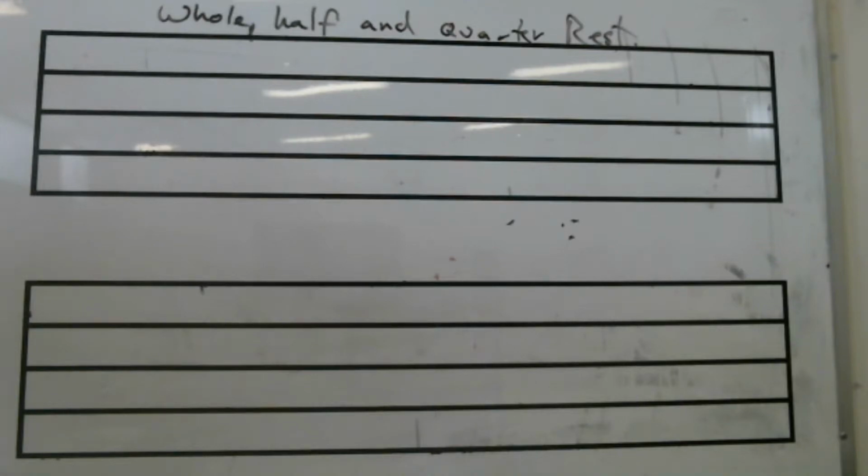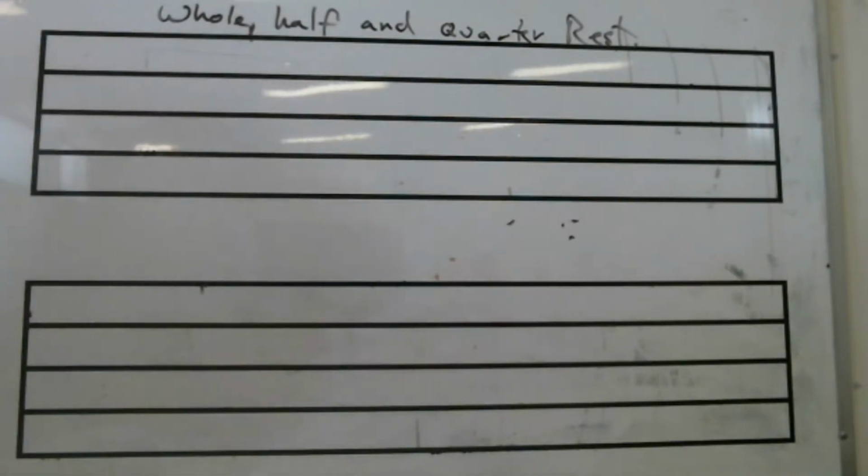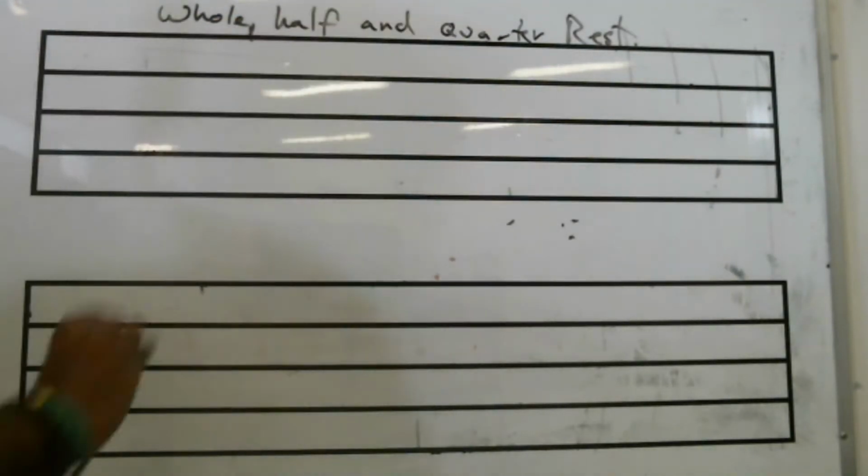How many beats notes are worth, and when placed on a line or a space, make a certain pitch. Okay? But what if you as a composer want some silence at one point? So far we haven't taught you that. So we are teaching you the whole, half, and quarter rest.